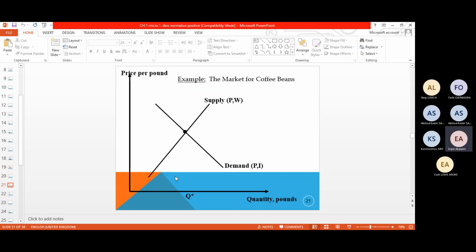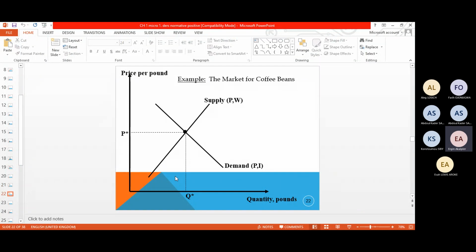As given here, the supply and the demand will be the price, let's say any price that is going to be used for the coffee beans, and demand is then represented on the inversely proportional graph line between price and quantity.